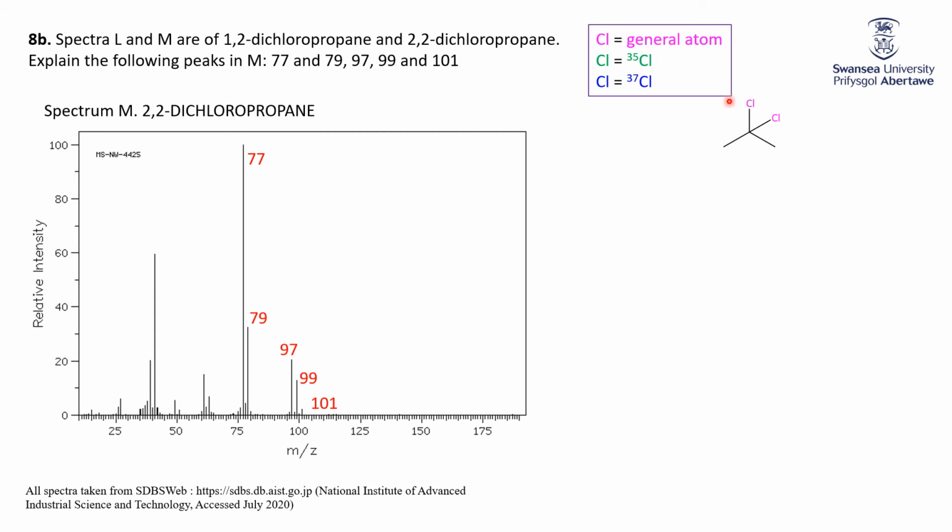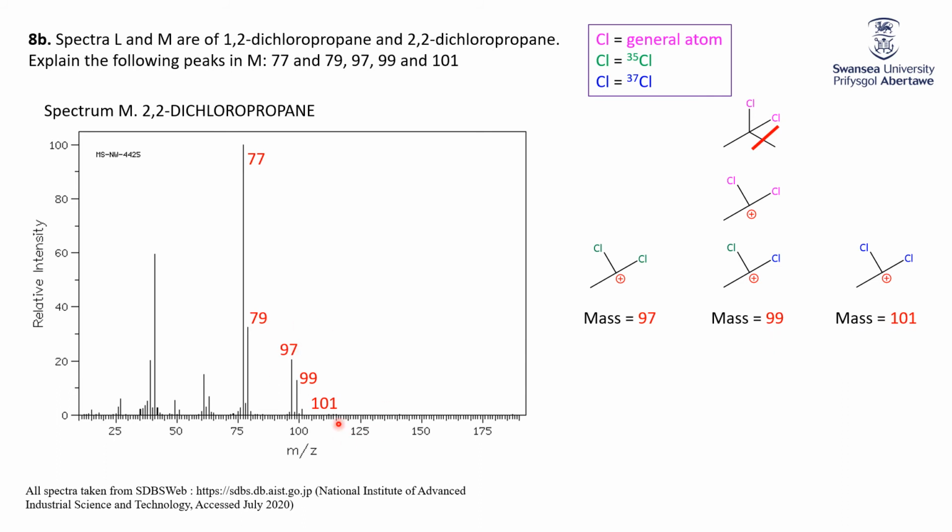And so that is, if both of these are chlorine 35s, then the molar mass is 112. So getting 97 is just again where we lose one of those methyl groups, the CH3, leaving us with this very nice tertiary carbocation there. And that can have both of the chlorines, one chlorine 35, one chlorine 37, or both chlorines 37, giving us the masses 97, 99, 101.